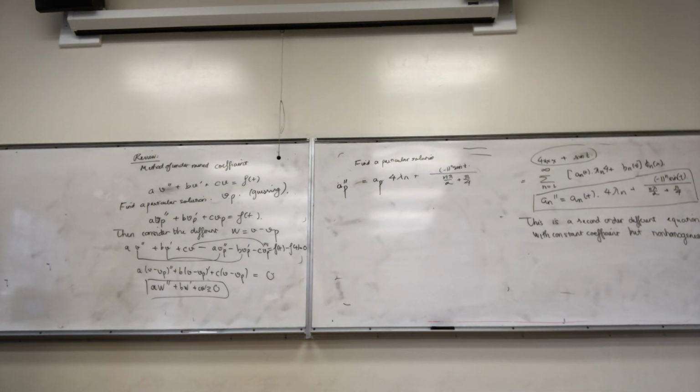How do you guess this particular solution for this equation? What is the form the particular solution should have? This is an equation of t, and in the inhomogeneous term, you have a sine. So what is the form of the particular solution?